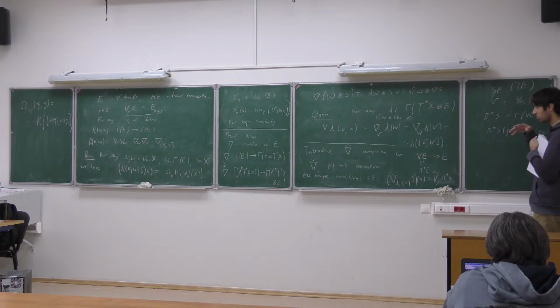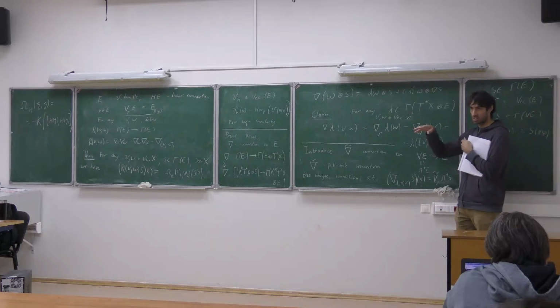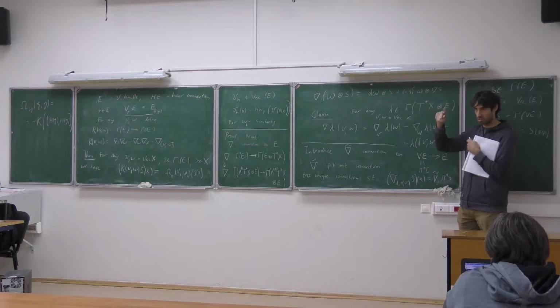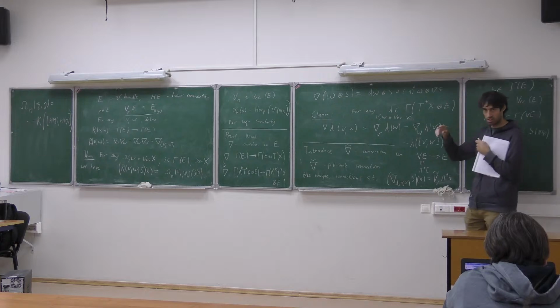You have some Christoffel symbols for this one, and then you pull back these sections and the corresponding forms, and the Christoffel symbols will be just the same, except in vertical directions, where they are just 0, and that's it.